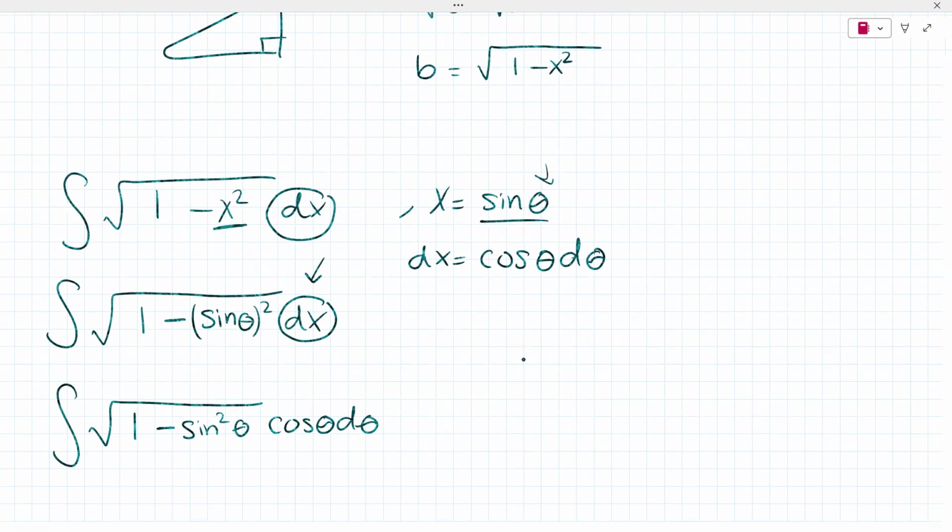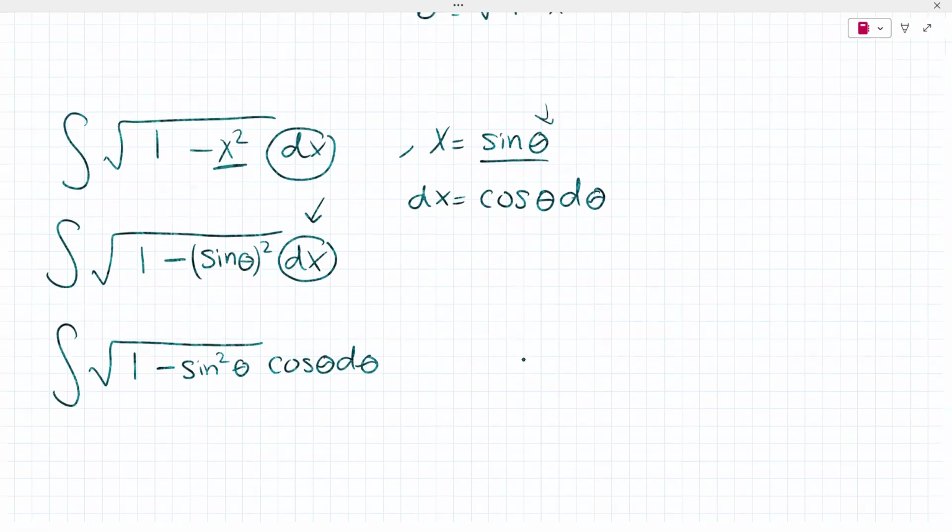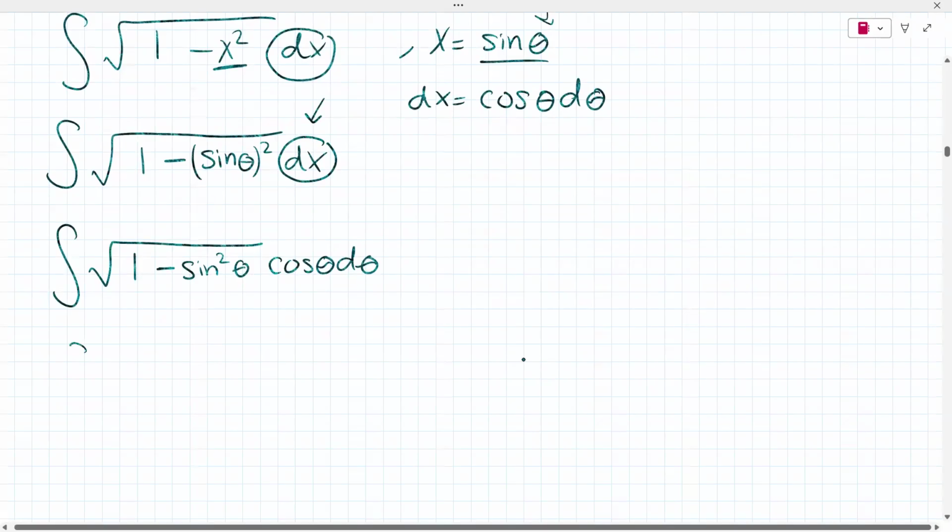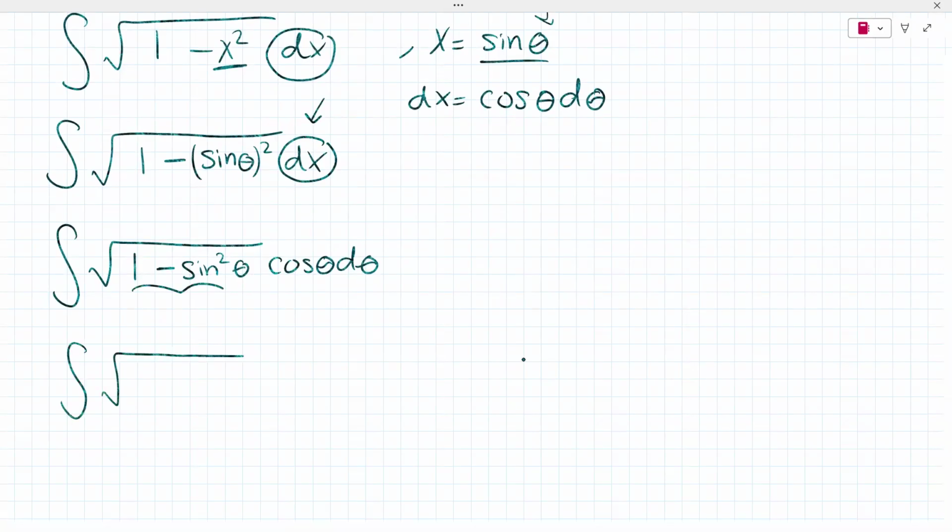Okay, what do I do next? Clean it up. Use your trig identities to replace stuff. So 1 minus sine squared theta, I know that's related to my Pythagorean identity.